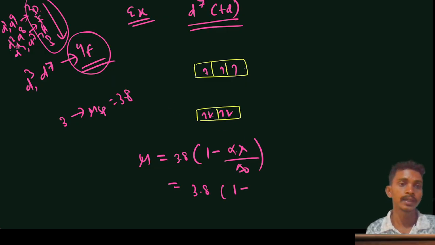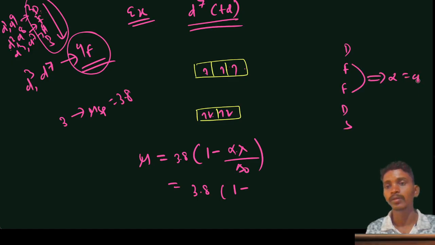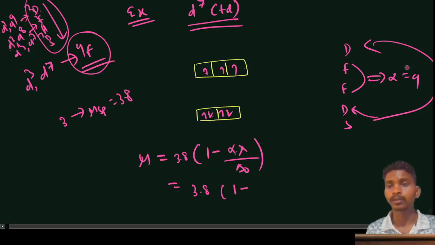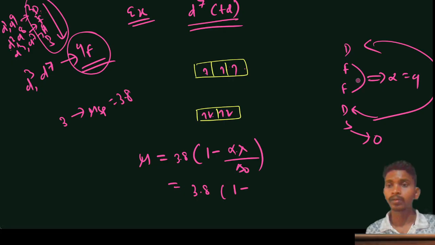This is d3 and this is F. So we say d, f, and s: the alpha for d is 2, and for s it is 0, and here the alpha is 4, and lambda is a negative value, some negative value will come.